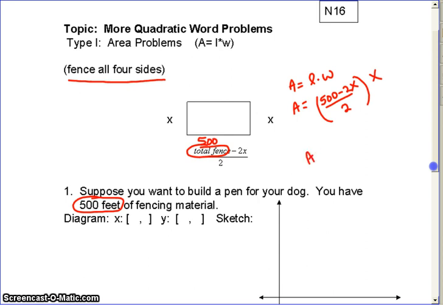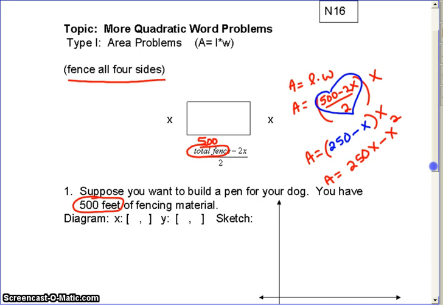If I simplify this expression a little bit, it'll look a little nicer. 500 divided by 2 is 250, and 2 divided by 2 is 1. Then if I distribute the x, it's going to look more like a quadratic equation that you're familiar with: 250x minus x squared.